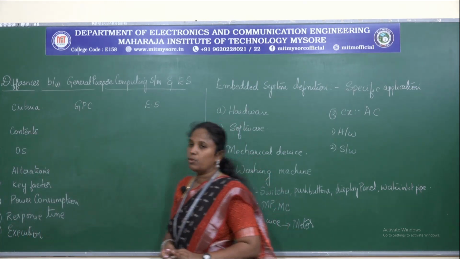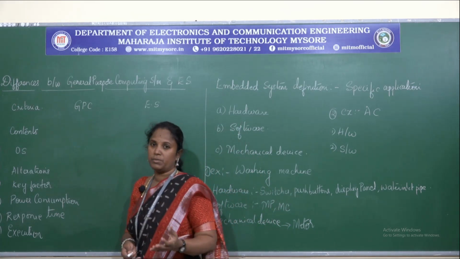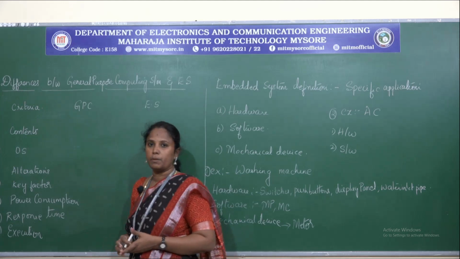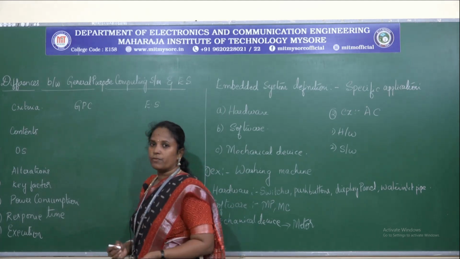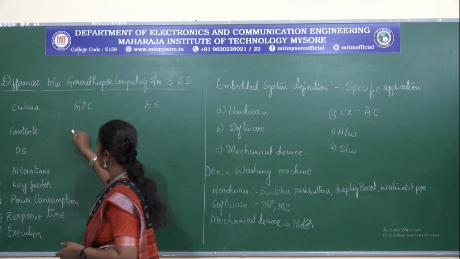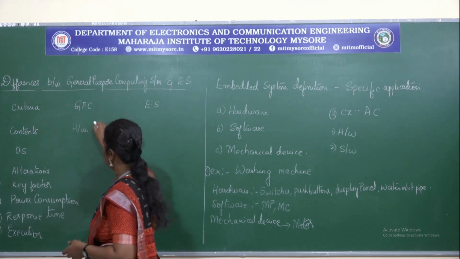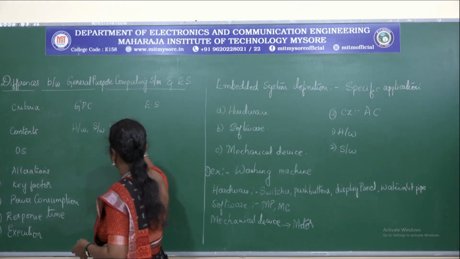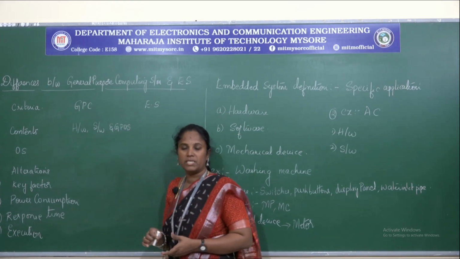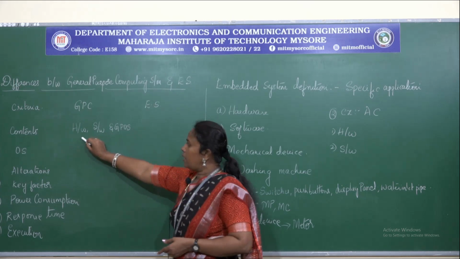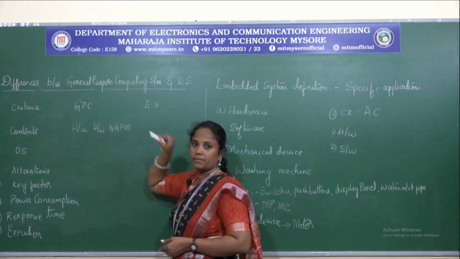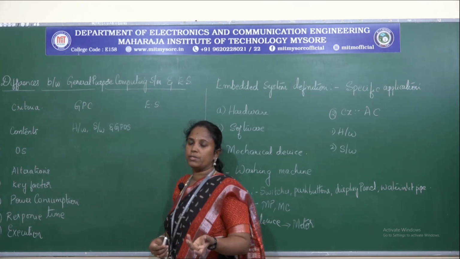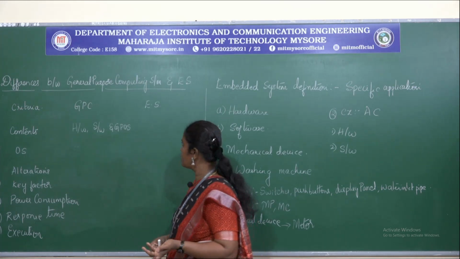The first criterion is contents. That means what are the things present in a general purpose computing system. Of course, it consists of hardware, software and a general purpose operating system, which you can use for a variety of applications.